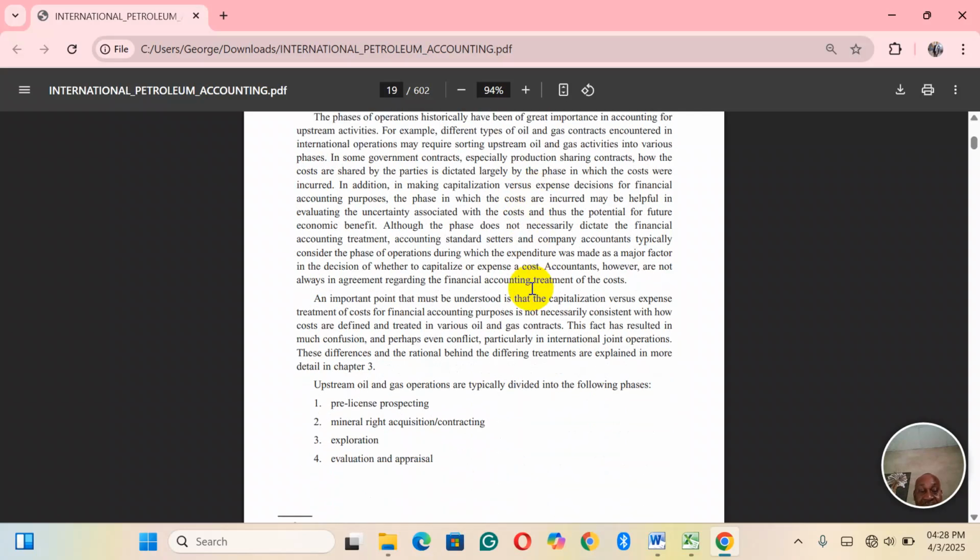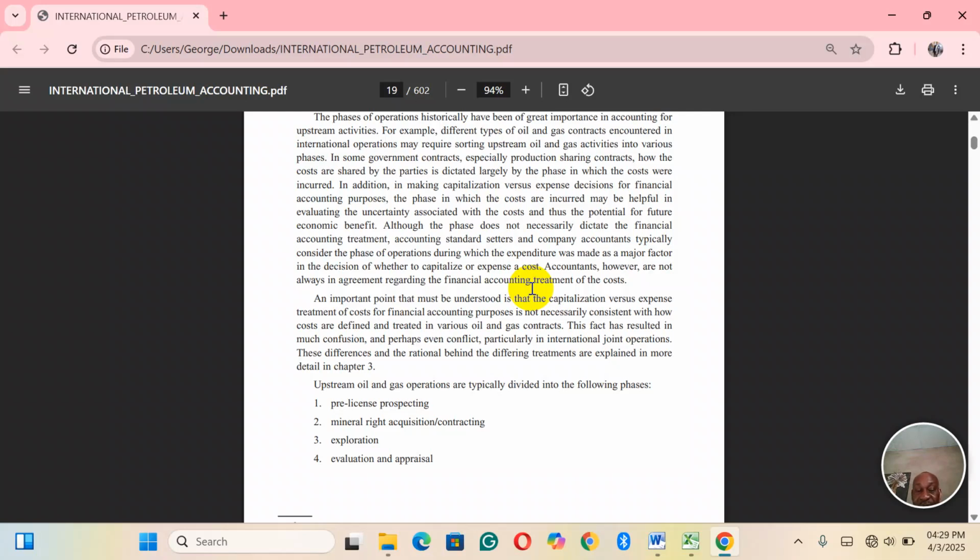An important point that must be understood is that the capitalization versus expense treatment of costs for financial accounting purposes is not necessarily consistent with how costs are defined and treated in various oil and gas contracts. This results in much confusion and perhaps even conflict, particularly in international joint operations.